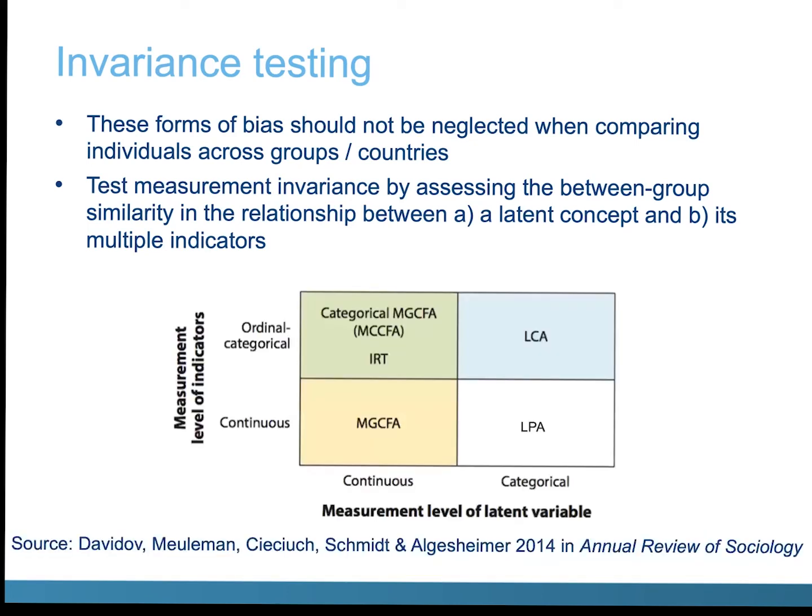And how do you do this? Well, here there exist many different ways of testing these assumptions. So very often multi-group confirmatory factor analysis is used, but there exist other approaches as well, IRT models, latent class or latent profile models, if you assume that your latent variable is categorical rather than continuous.